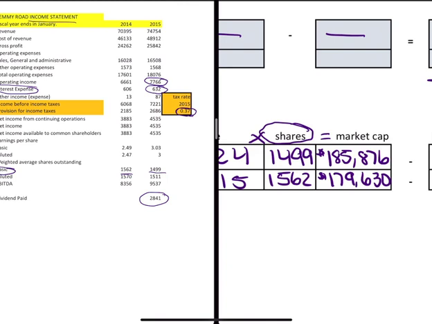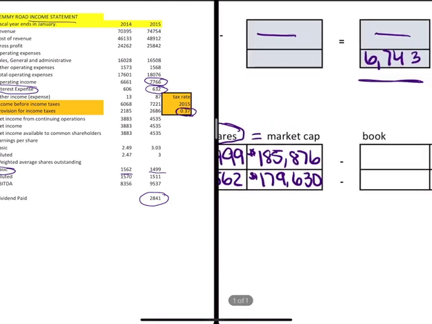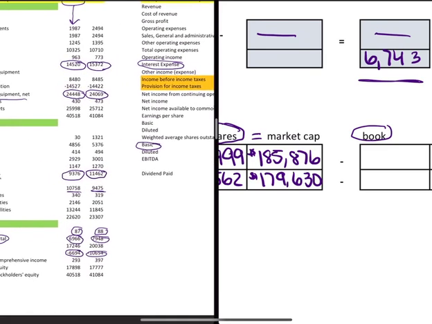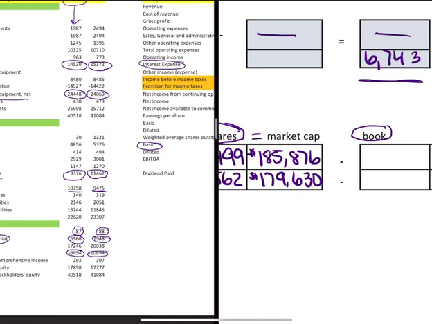And then what we do is we find our book values. So the book value, again, we're actually going to come over to the balance sheet and take the total stockholders' equity. Okay, so first we calculated the market value, now we're calculating the book value.